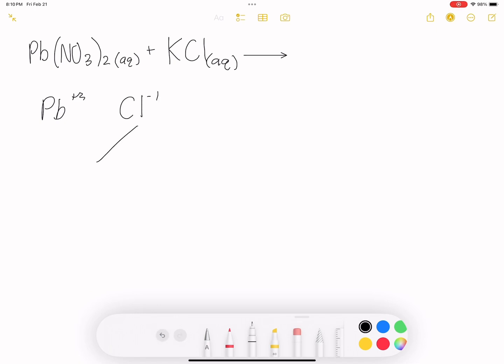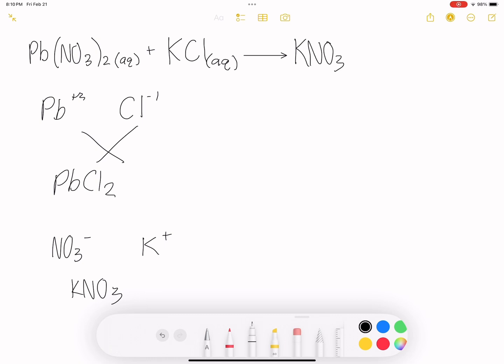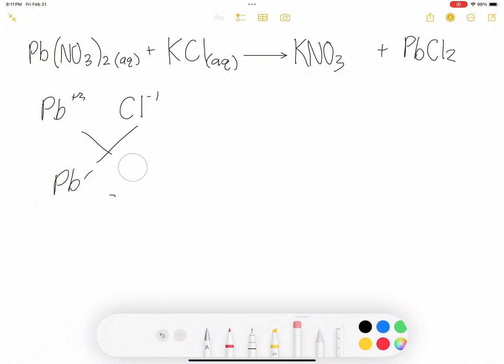So we can write out chlorine and do our crossing, and we discover that one of the compounds is going to be PbCl2. Now for whatever's left, NO3 is negative, potassium is positive, and we don't really need to cross them, and we know that one of the compounds is going to be KNO3. Okay, so we have both our compounds, KNO3 and PbCl2, or just potassium nitrate and lead chloride.